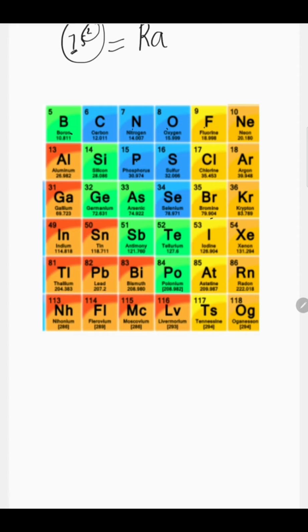Kaya, second column, kaya ang gagawin po natin, your P starts with 2P, 3P, 4P, 5P, 6P, and then 7P. Okay? 2P, 3P, 4P, 5P, 6P, 7P.